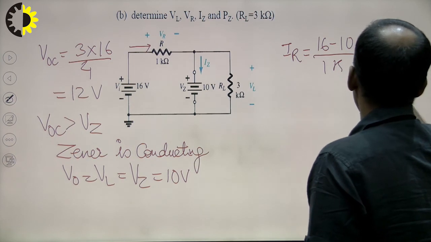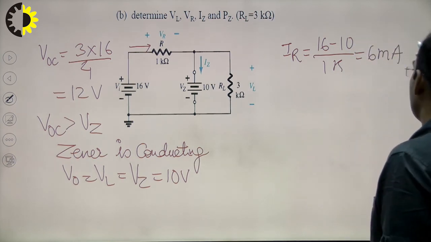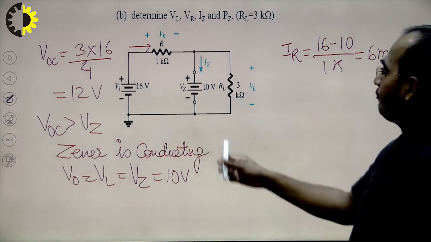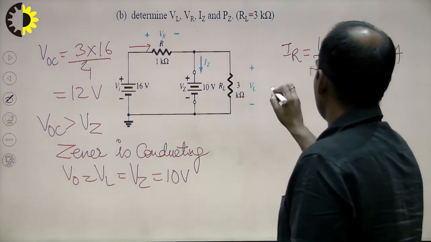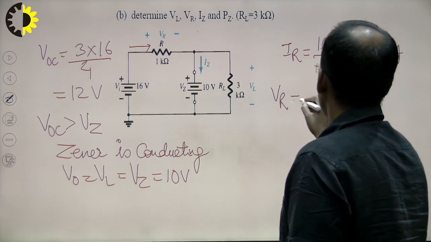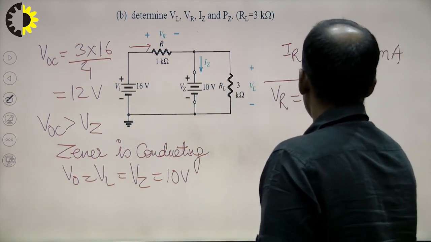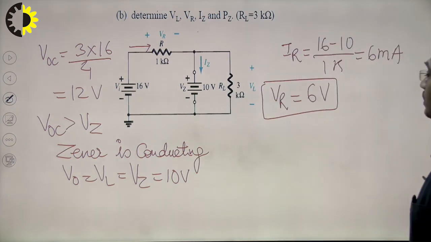So, it will be equal to 6 milliampere. Now, we can find the value of VR. What will be the value of VR? VR is nothing but 16 minus 10, that is 6 volt.